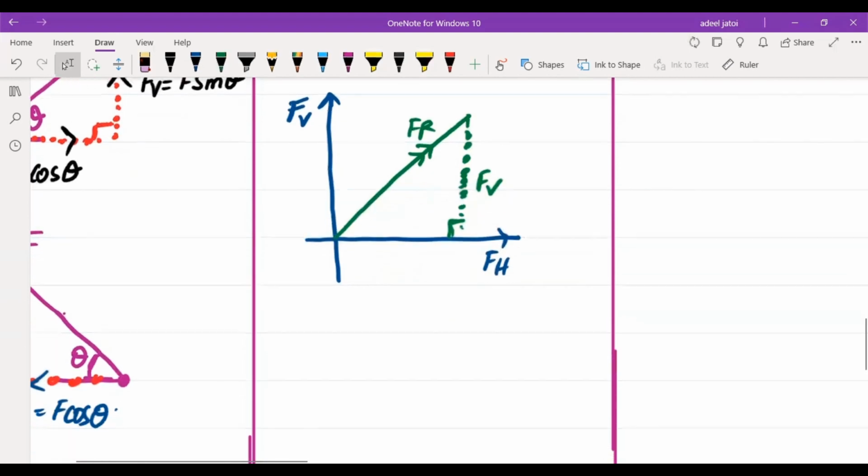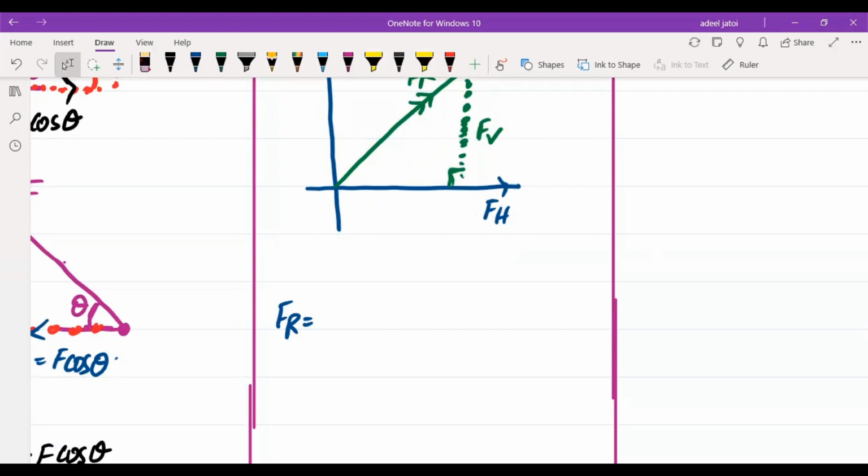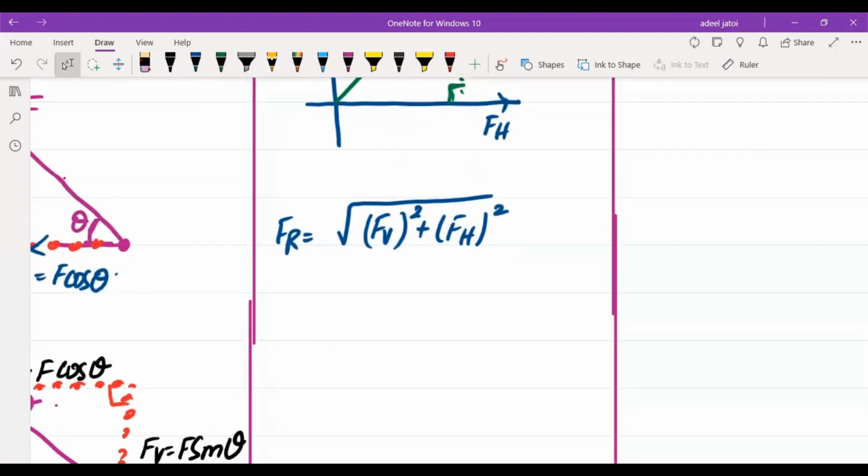If I want to calculate FR, since it is creating a 90 degree angle and we know the force FH, what we're going to do is FR is equal to the square root of FV squared plus FH squared, force vertical and force horizontal.